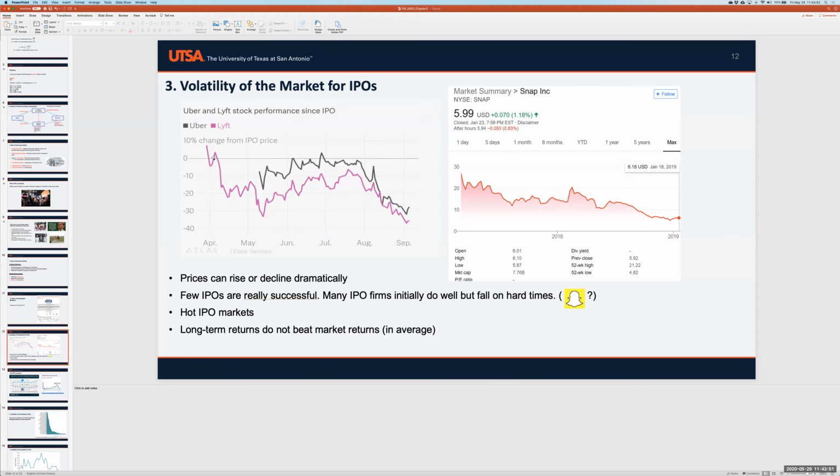Let's look at Lyft. Everyone knows Lyft, right? The stock price just fell, got some rise, and then went down again. I don't know the recent price level, I need to check it, but this is not a good IPO, because if you're investing in a company, you're expecting to buy stock at low levels.